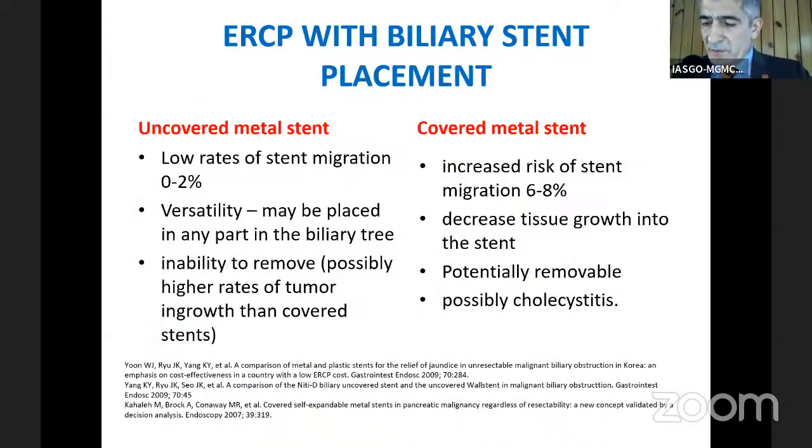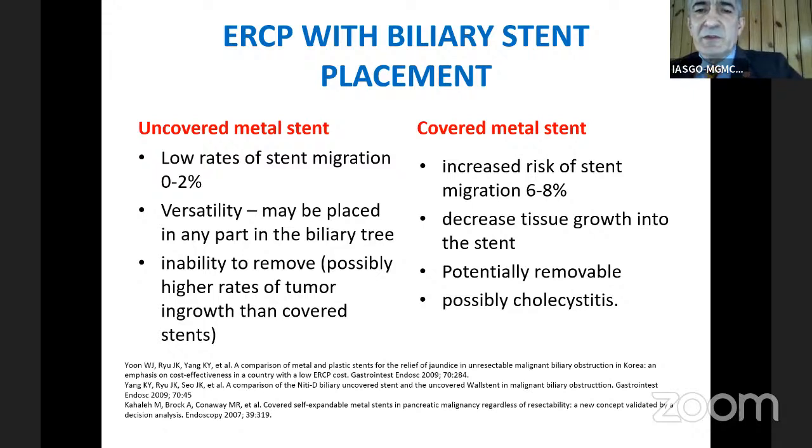Uncovered stents have low rates of migration, between 0 to 2%, and versatility, and may be placed in any part of the biliary tree, but have an inability to be removed because of higher rates of tumor ingrowth than covered stents.